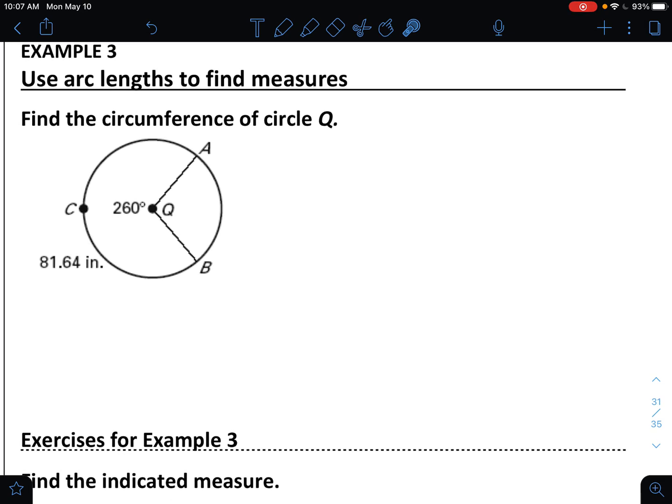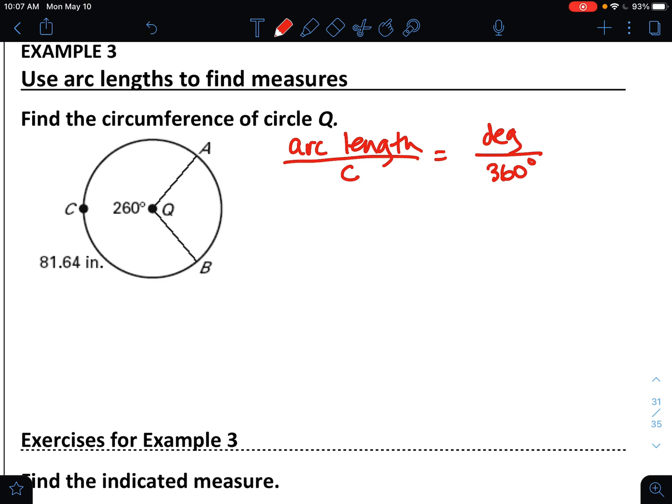This time the directions say to find the circumference of circle Q. Here's how I want you to think of this setup again: arc length over circumference is equal to the degree over 360.